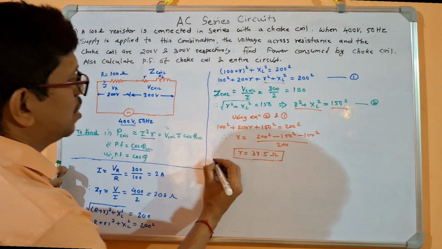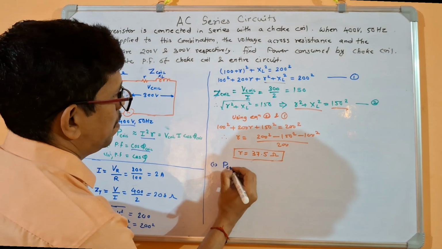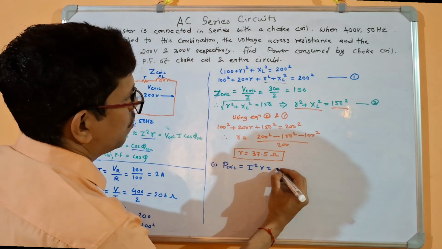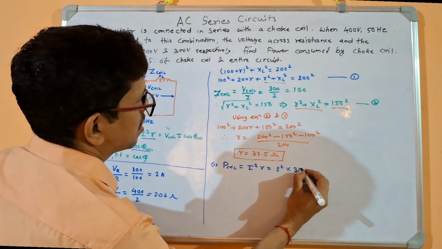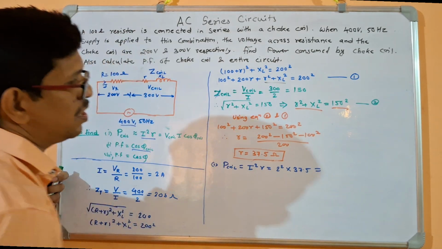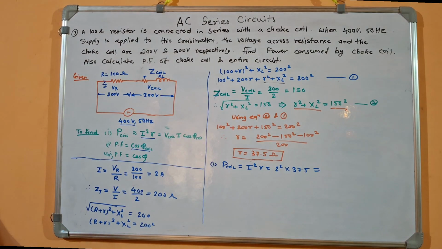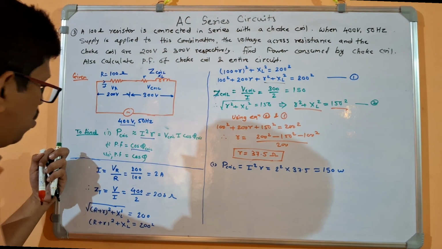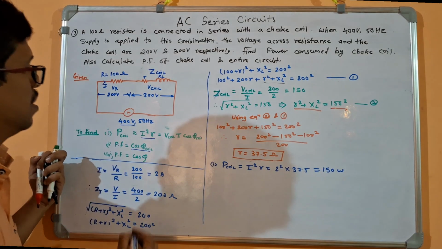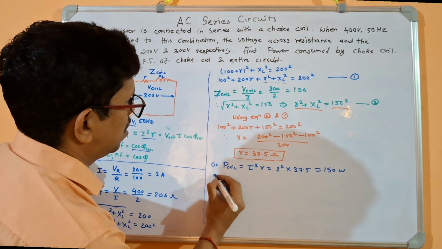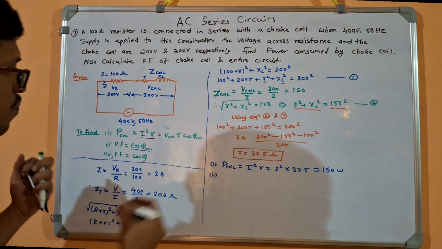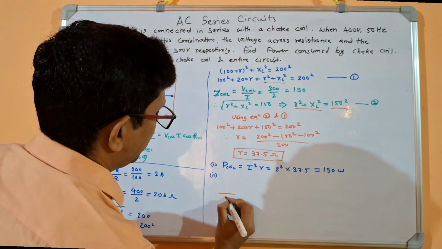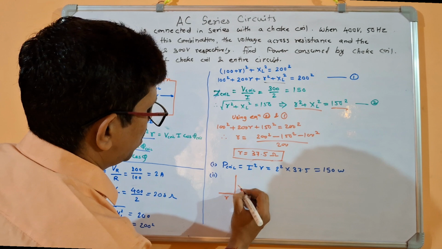Our first question is what? P coil is equal to I squared into small r. So I we know is 2, so 2 squared into small r, 37.5, approximately comes to be 150 watt. If you want to find the power factor, that is cos phi coil, for the coil, if I draw the phasor and triangle, I will get r here and XL over here.